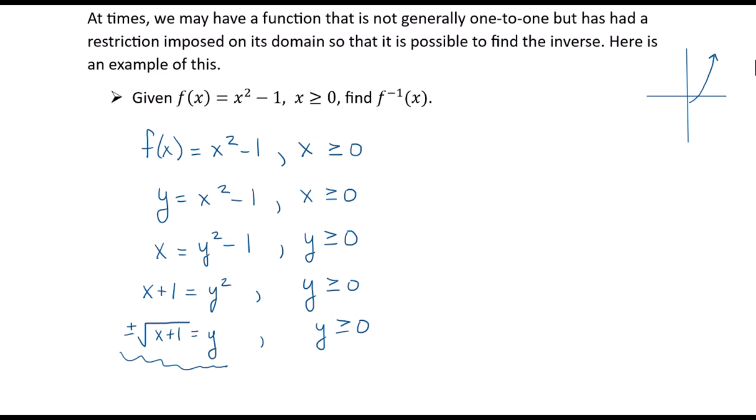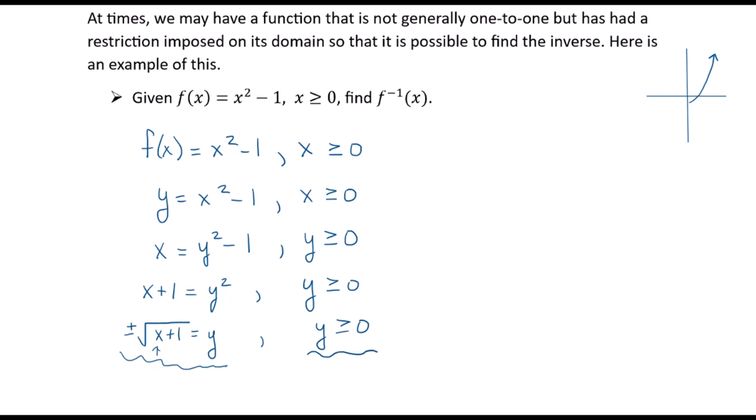So we put in a single x value. Let's say if we put in a 3. If we put in a 3, what comes out? We'd have square root of 4, which is 2. So y is going to be either a positive 2 or a negative 2. And that's not a function. So it's a good thing we have this restriction here.